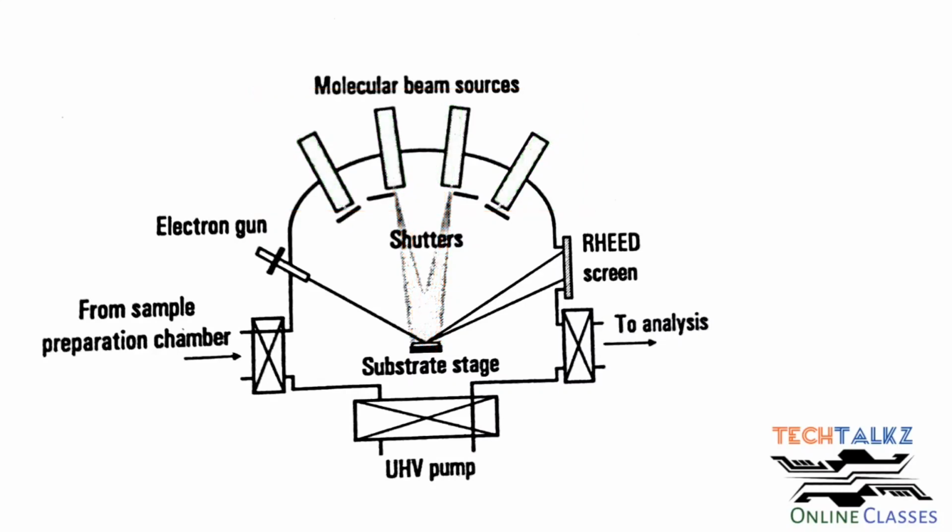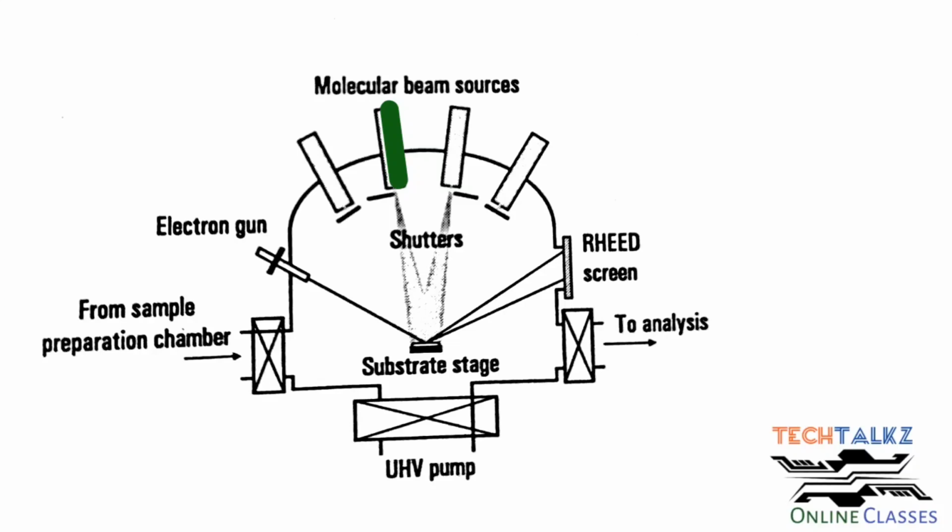For example, if you want to form a doped silicon epitaxy layer on the substrate, then the effusion cell, say this one, which is loaded with pure solid silicon, will be vaporized. Here the melting point of silicon is 1400 degrees Celsius, a very high melting point. It is very difficult to achieve this condition.